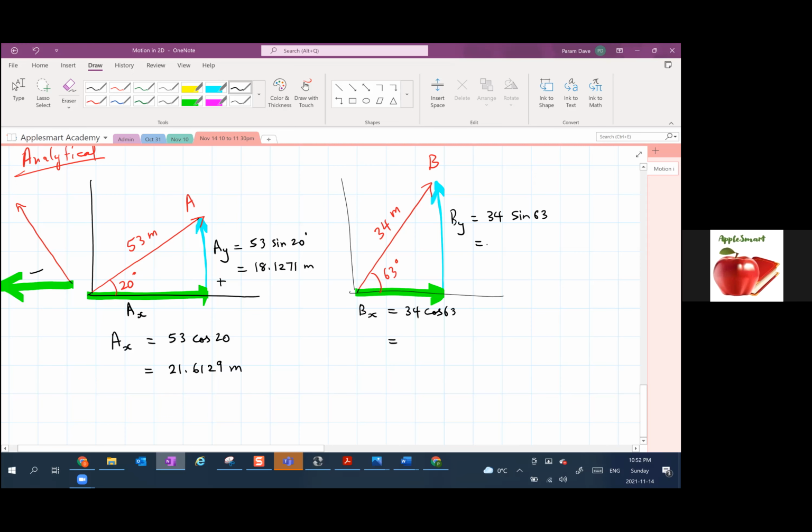Are you doing 34 cos 63? Yeah. Do you want to do that again for me? Can I get a couple people to try that, please? So do 34 multiplied by cosine of 63.